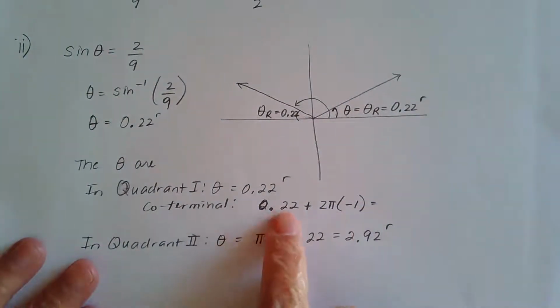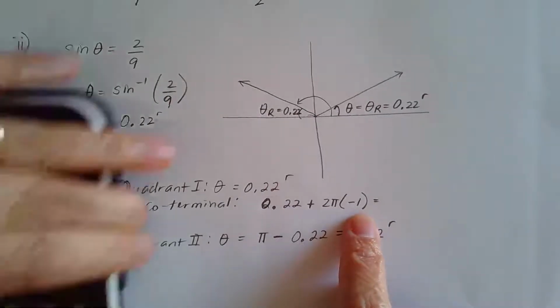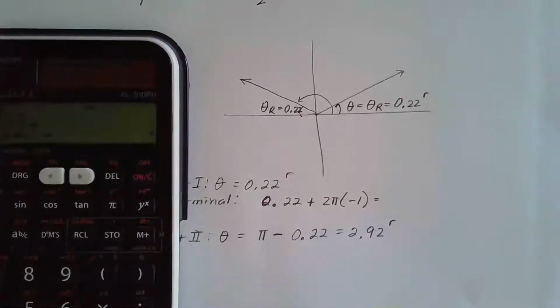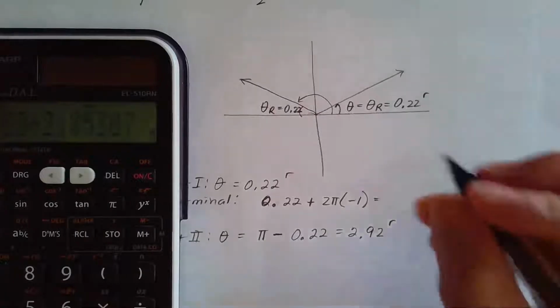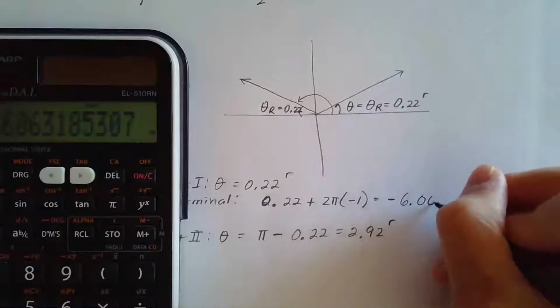Okay, so this is the lesson that we talked about last week on Friday, finding the coterminal. So 0.22 plus 2 pi times negative 1 is going to give us negative 6.06 radians.